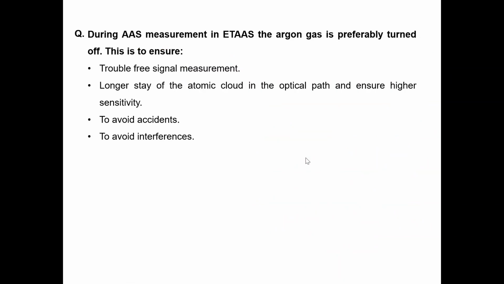You have to basically define why the argon gas is off during measurement. This is to ensure trouble-free signal measurement, or you can say the longer stay of the atomic cloud in the optical path, ensuring high sensitivity and avoiding interferences. I'll wait for some time, and after that I'll explain. If you already know, please try to answer it.